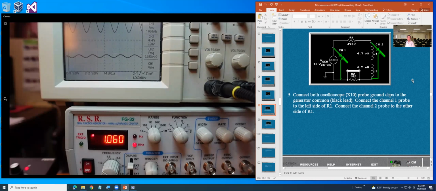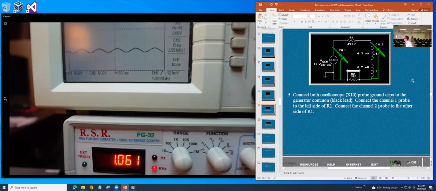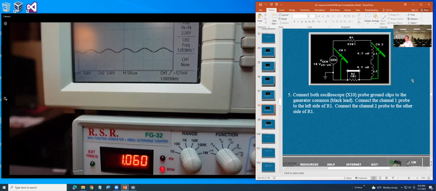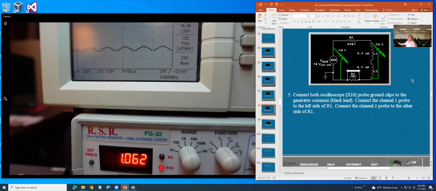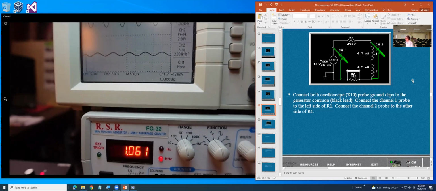You see that? If you look closely, you can see one is 5 and the other one is 5 volts. Okay.